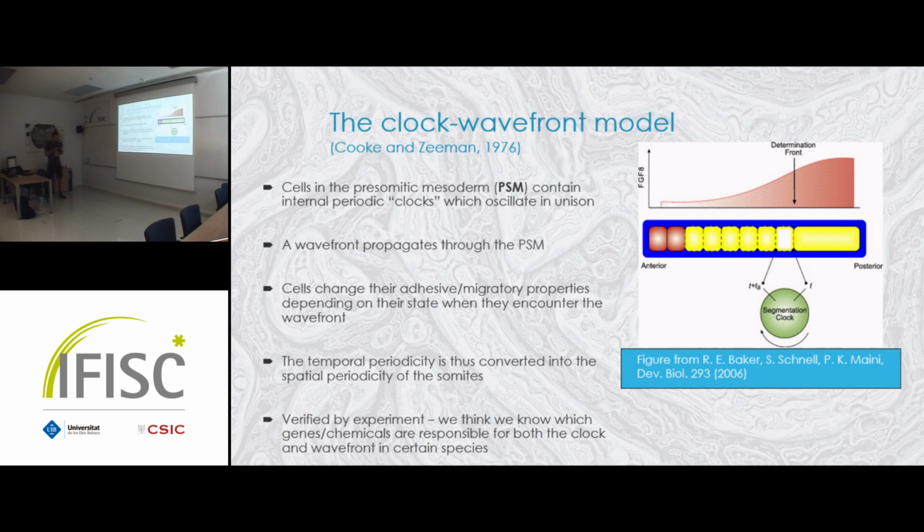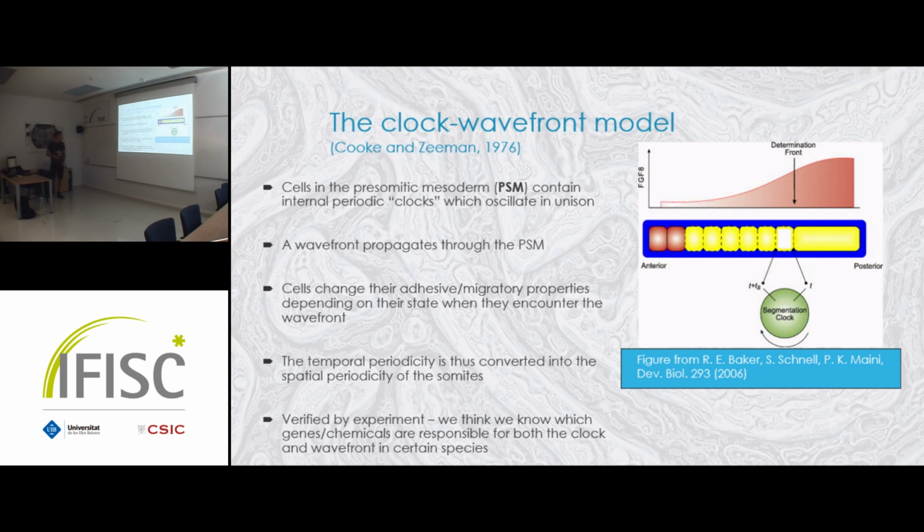As a result of the interaction with the wavefront, the cells change their adhesive and migratory properties accordingly, and thus the temporal periodicity of the cycles in the cells is converted into the spatial periodicity of the somites through the interaction with the wavefront.